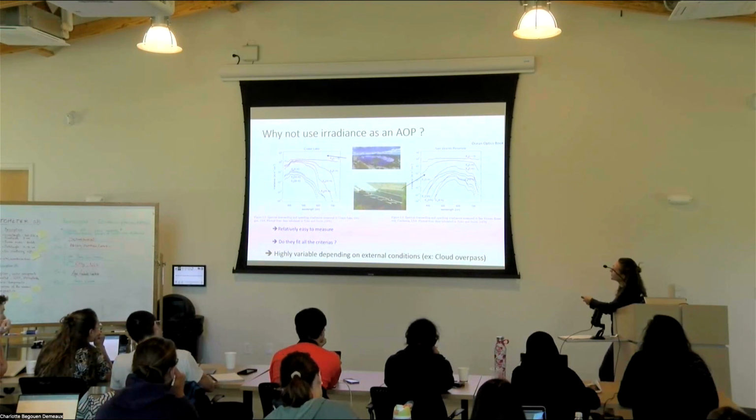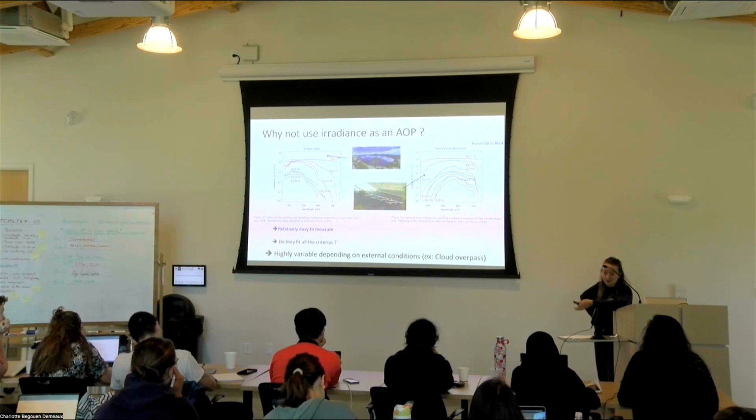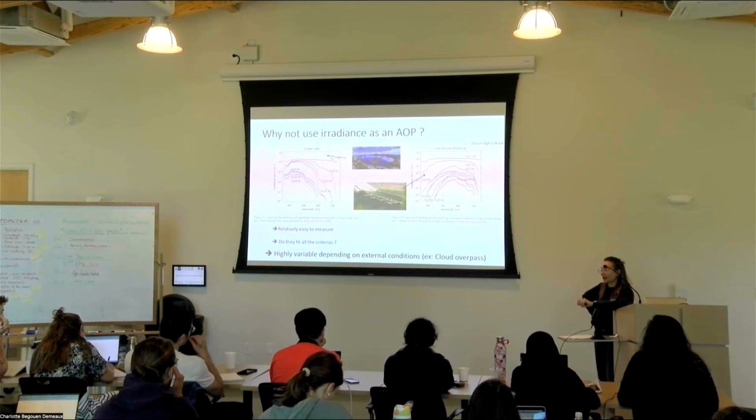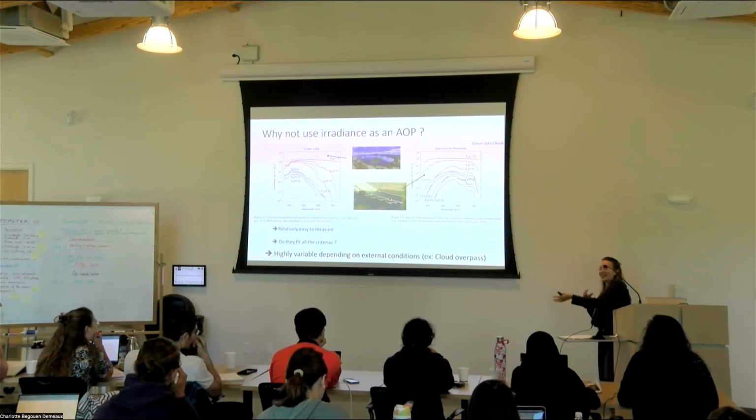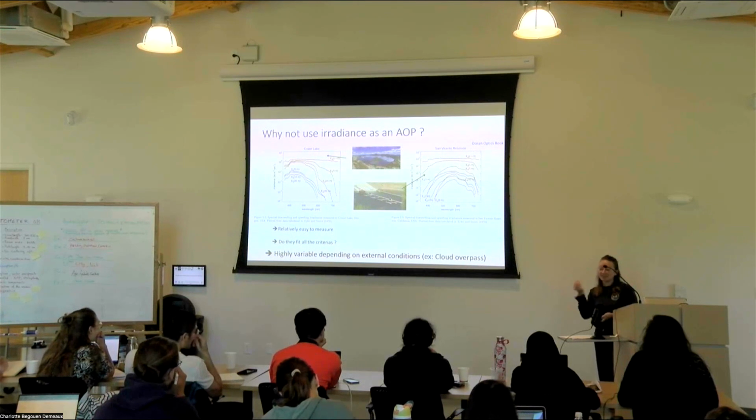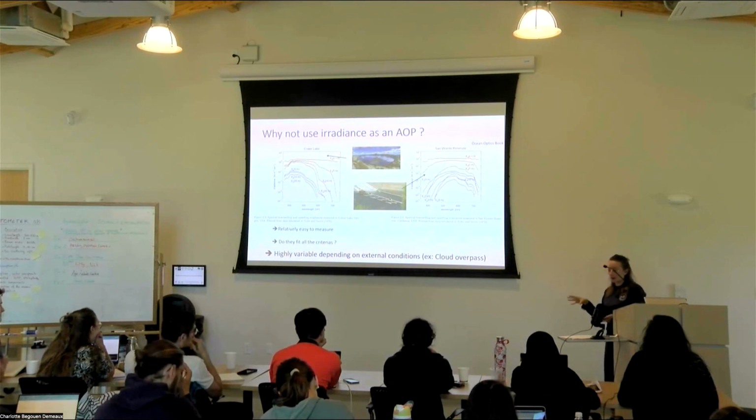So in theory, irradiance is great because it's easy to interpret, but the other requirement of an AOP is that it stays only vaguely dependent on external factors. You can imagine if a cloud comes through, the light is going to decrease all of a sudden. So it's not stable at all.